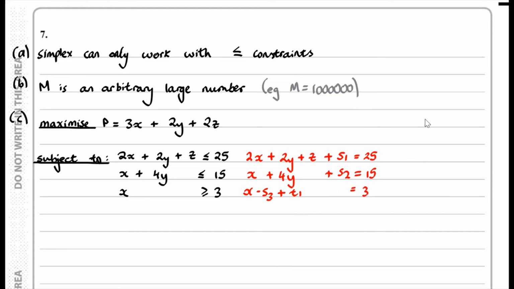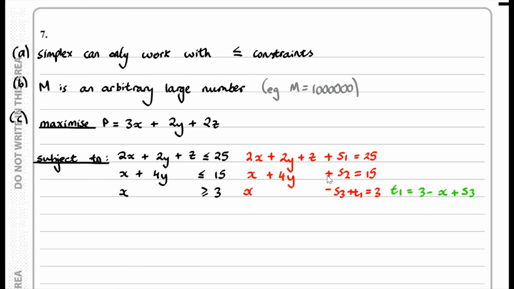Let's perhaps write this out all in line with everything else. We have x minus s3 plus t1 equals 3. And if we rearrange this equation in terms of our artificial variable, hopefully you can see t1 is equal to 3 minus x plus s3.